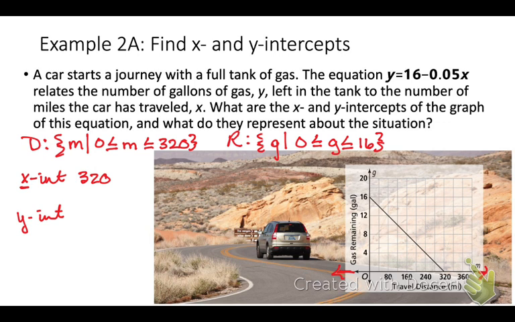So what do those numbers mean? What does 16 mean? Most gallons. The most gallons I could have. What does 320 mean? Most miles. Most miles I can do. We got all that, and we just read a graph. You guys hate making them, but that saved you a lot of math by reading it.